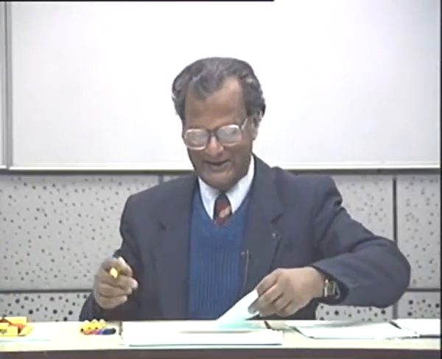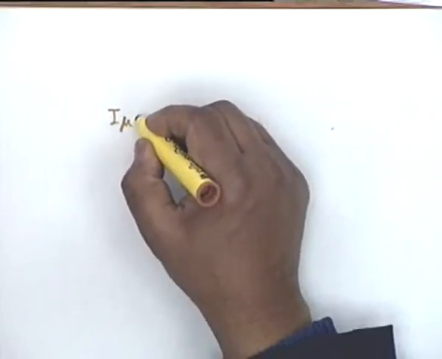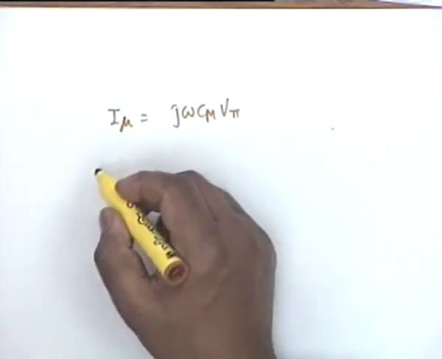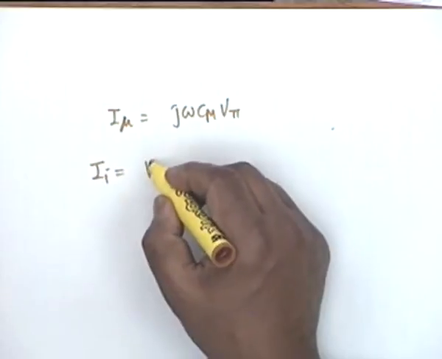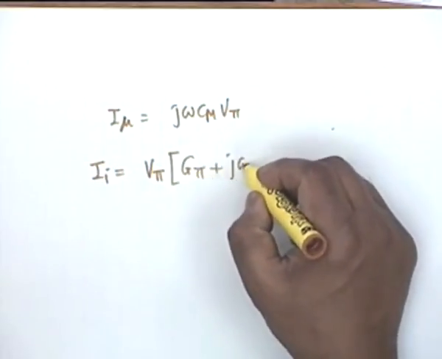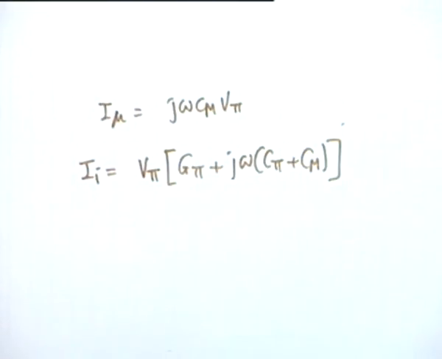All right? And the circuit, if you notice now, our I sub mu is equal to j omega Cm V pi. Therefore, I sub I becomes V pi times G pi plus j omega (C pi plus Cm). Is that right?